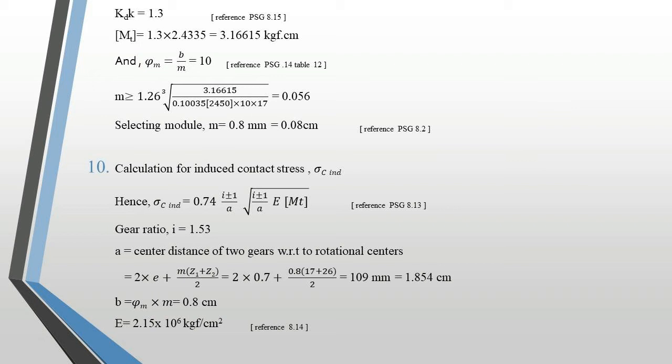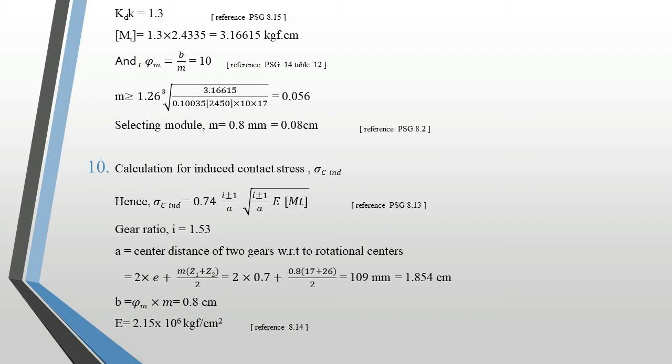So module is greater than or equal to 1.26 cube root of 3.16615 upon 0.10035 into 2450 into 10 into 17, that is equal to 0.056. Now selecting module m equal to 0.8 mm, that is 0.08 centimeter, which is from PSG 8.2.